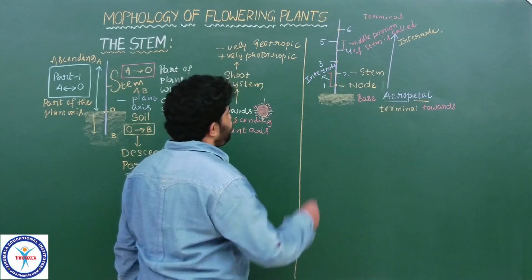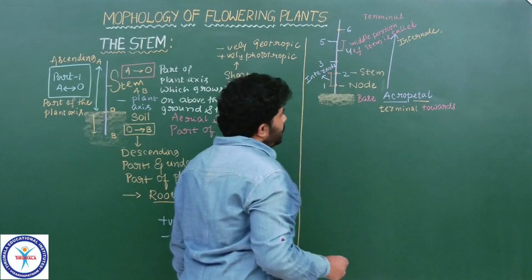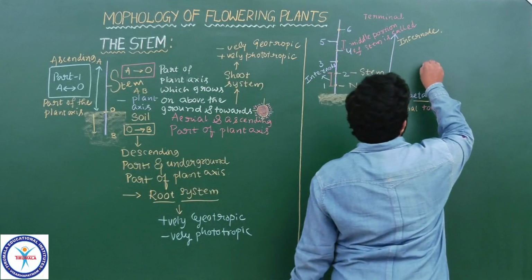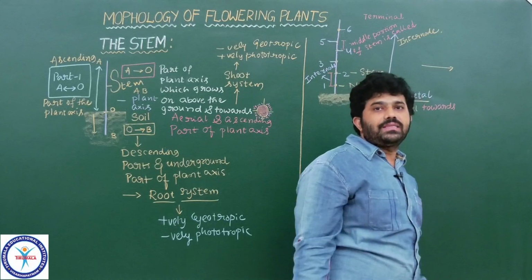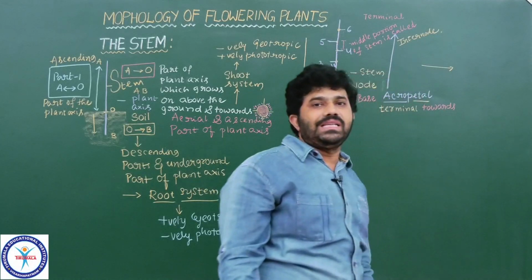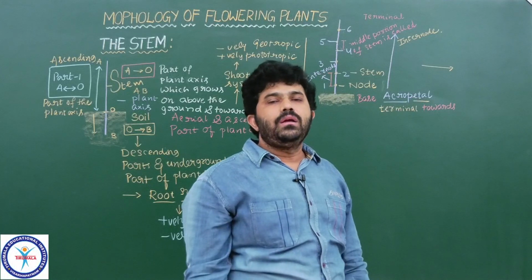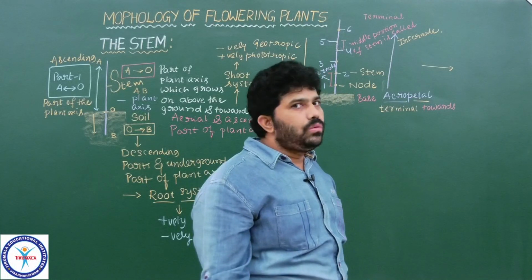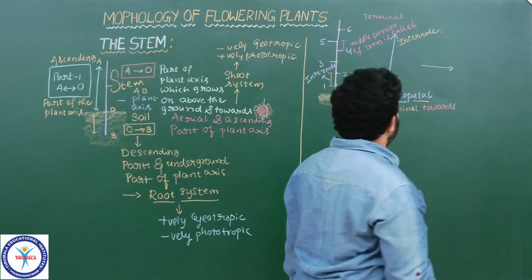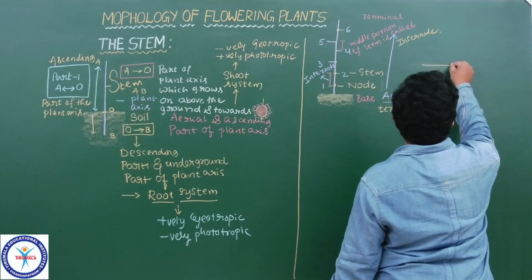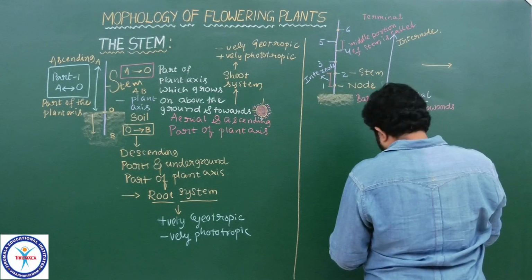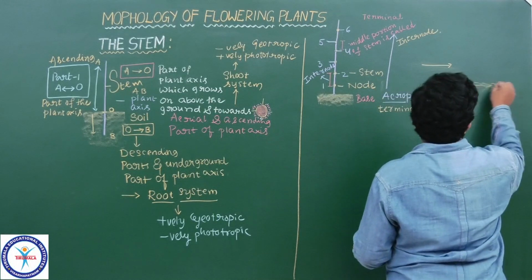Next, this is the stem part which bears a wide range of organs like branches, leaves, flowers and fruits. How do they produce and bear all those structures, see here. Again, you had better draw the diagram here.